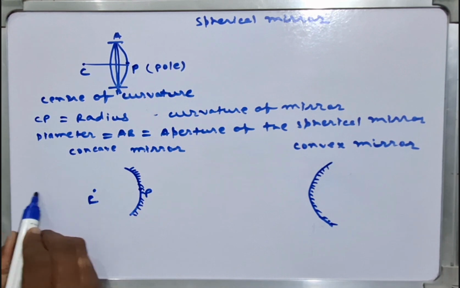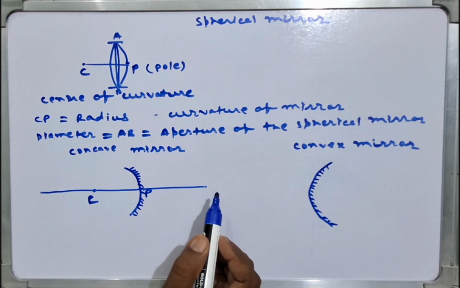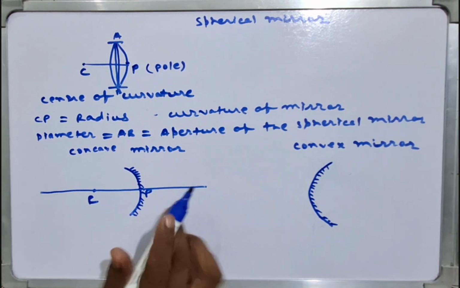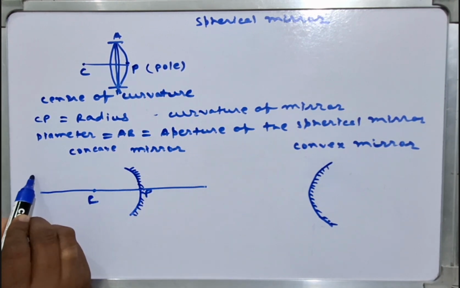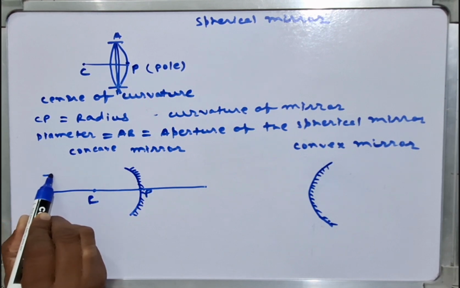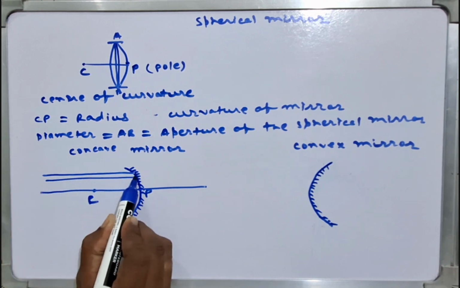Now the concave mirror is also known as a converging mirror. How? Suppose this one is the principal axis and rays of light are coming from infinity and traveling parallel to the principal axis, like this.